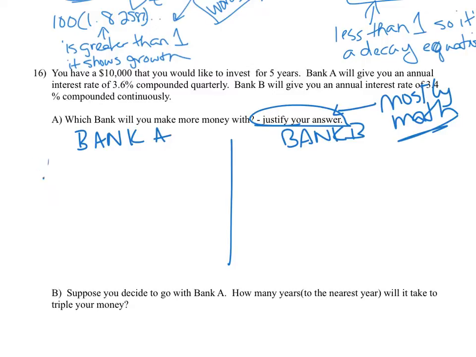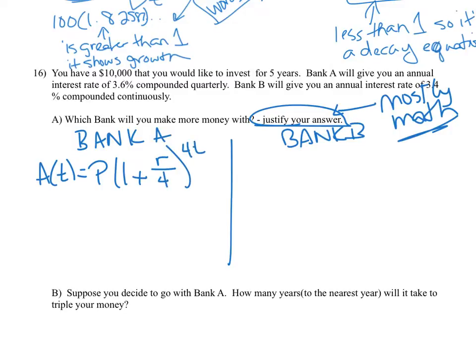So the quarterly formula is, we're going to say bank A of t is equal to P times 1 plus the rate divided by n. Now in this case, since we're dealing with quarterly, that's going to be the rate divided by 4 to the 4t power.